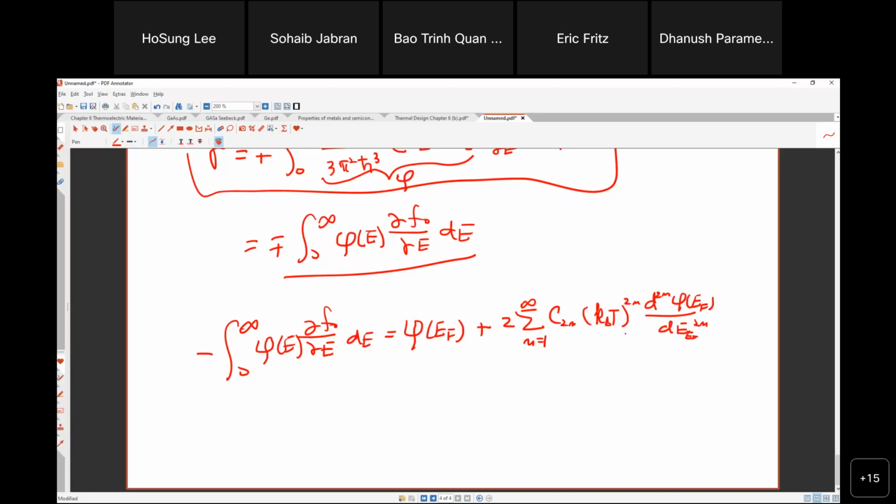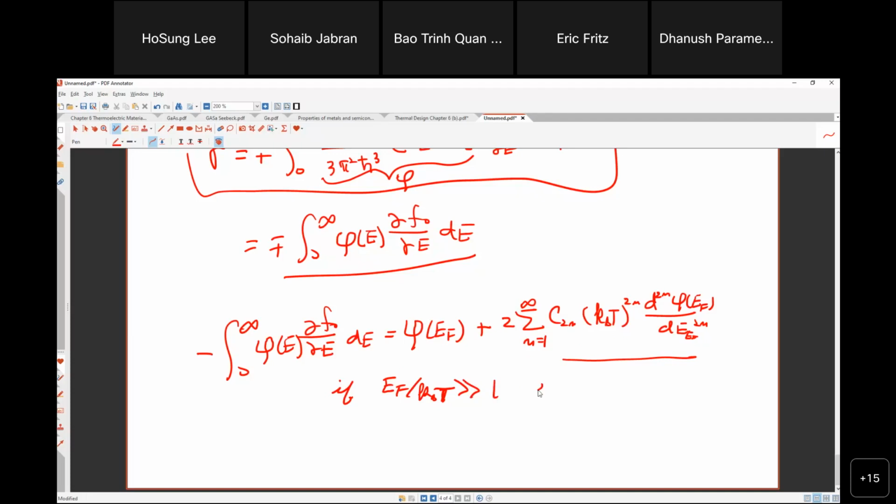Usually the higher orders are negligible, we assume, if this is much greater than 1.